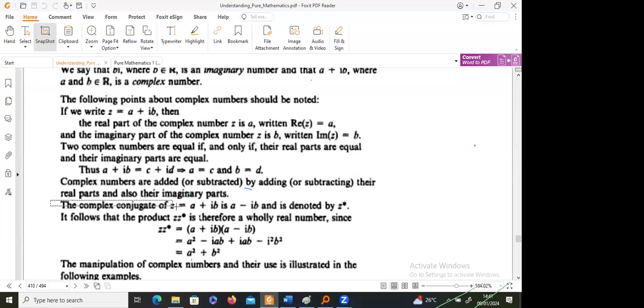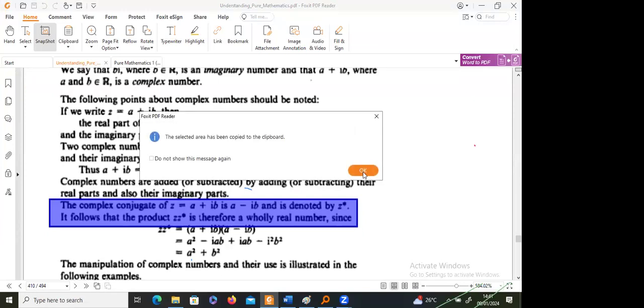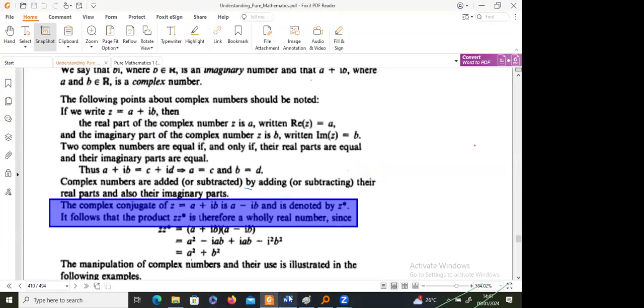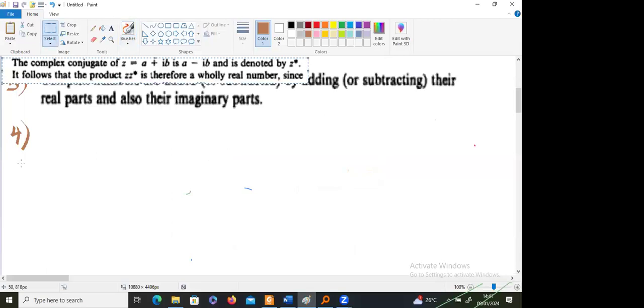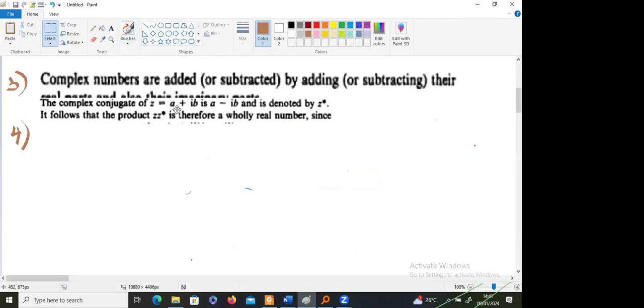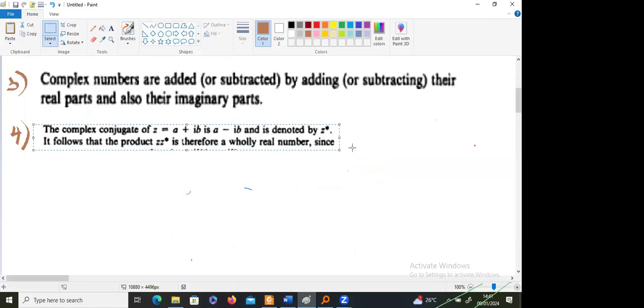What is Sadler saying? Okay, I can pick this and we can read it here.